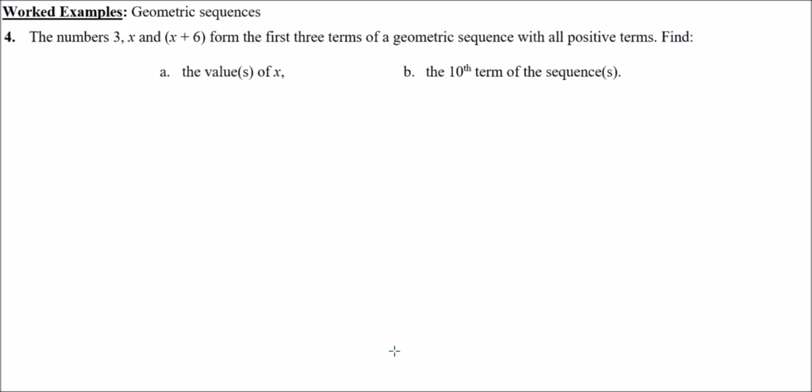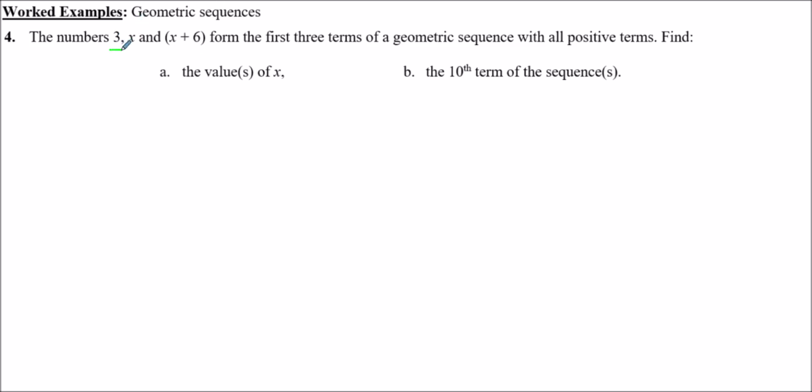Finally, worked example number 4. We've got the numbers 3, x and x plus 6, which are the first 3 terms of a geometric sequence, all terms being positive. So we need to find the value or values of x, and then b, the 10th term of this sequence. So we need to know that the common ratio is constant.